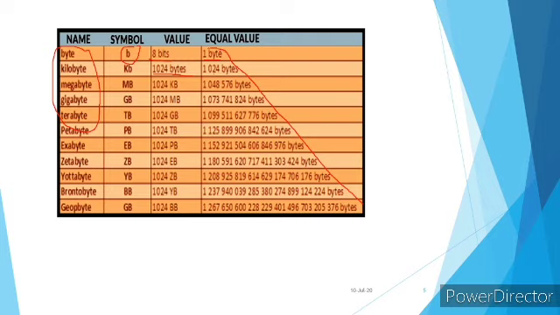Now this is represented in the form of bytes. If we just multiply this with 8, since 1 byte is equal to 8 bits, then again you will find a big number. That big number indicates the number of bits in each of these.